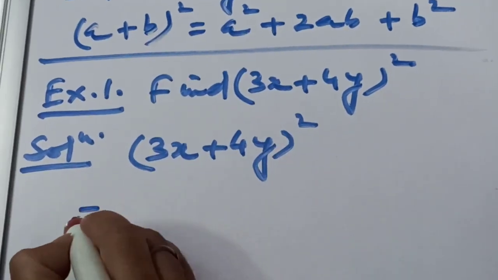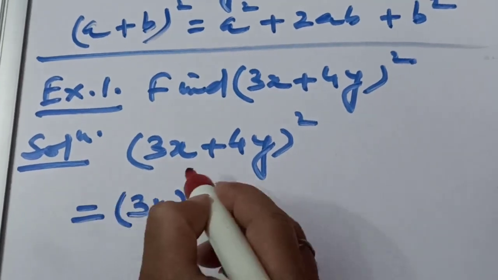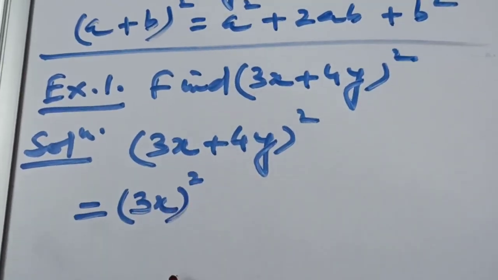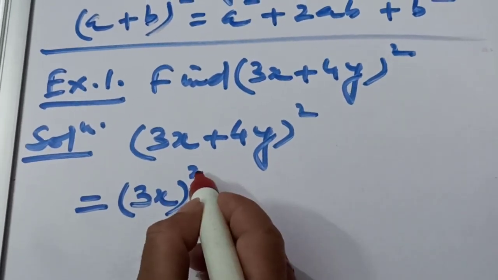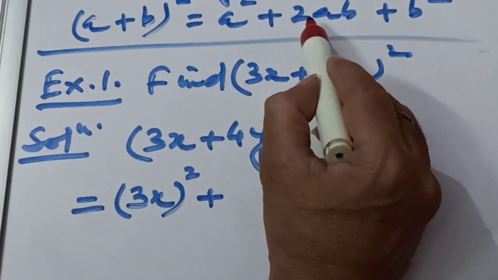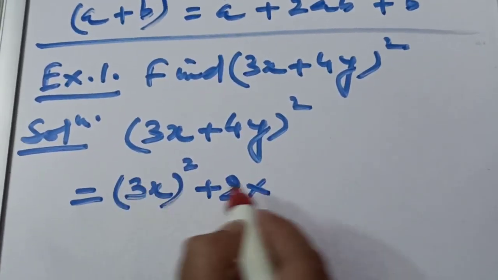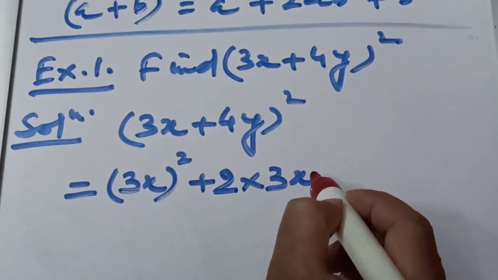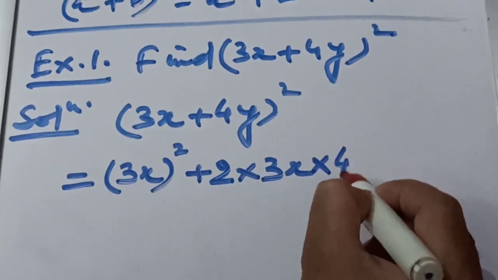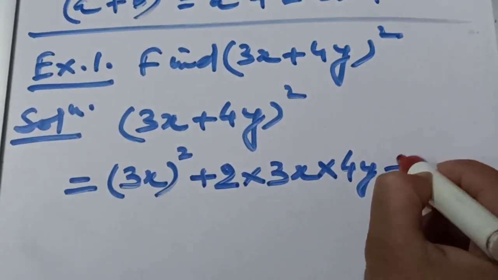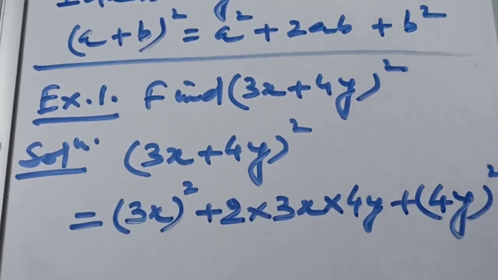After that, 3x is a, so we write it in a bracket, a square is (3x) square, plus the formula 2ab, which means 2 into 3x into b, that is 4y, plus b square, which means (4y) whole square.